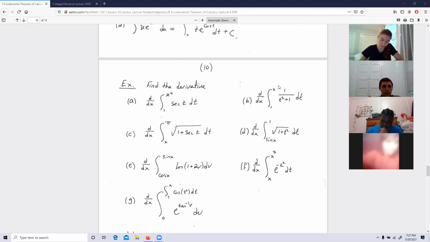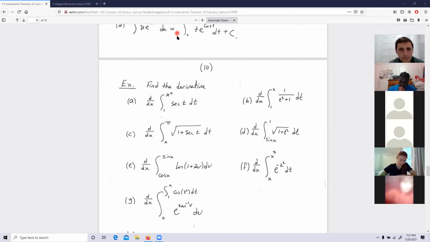All right, guys, do you recognize what it is? You need to find the derivative of this function. It looks like the cake function for secant of t dt, into which you plug in, instead of x, x to the 4.